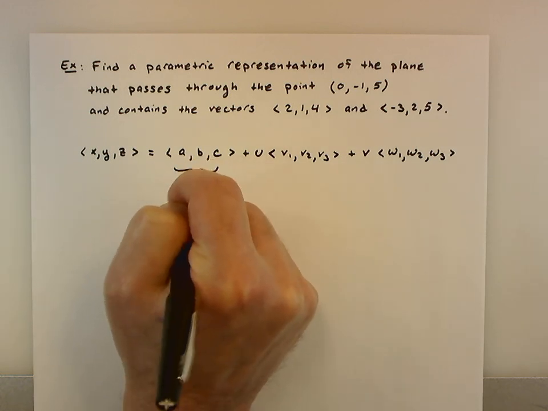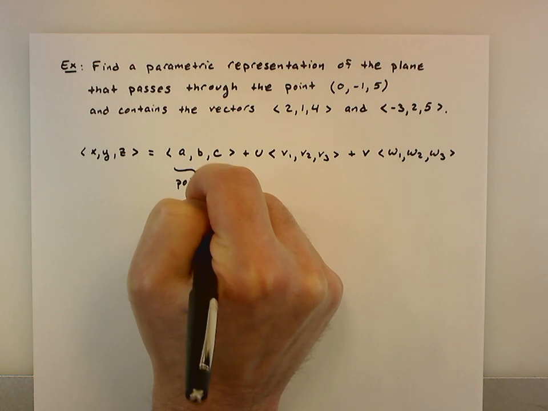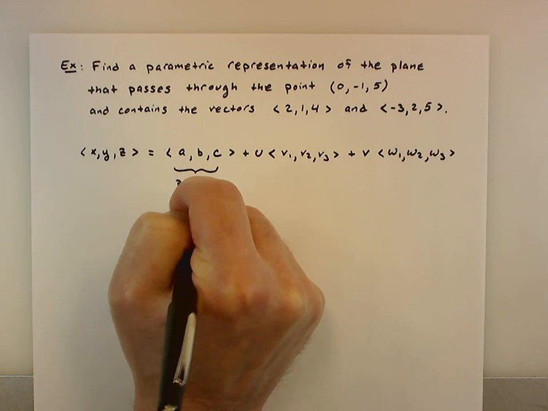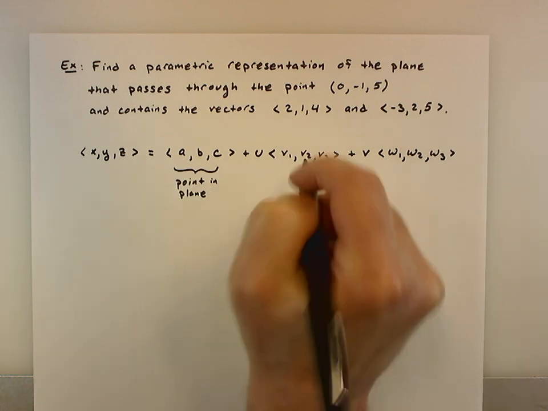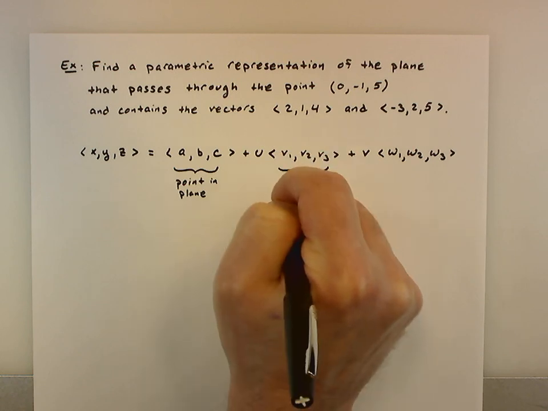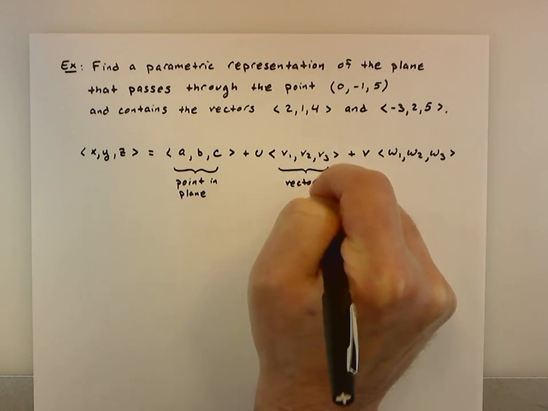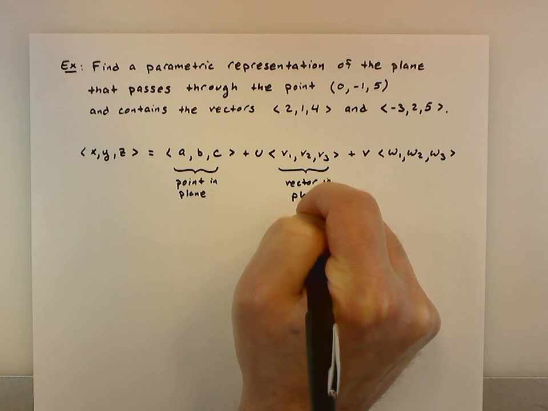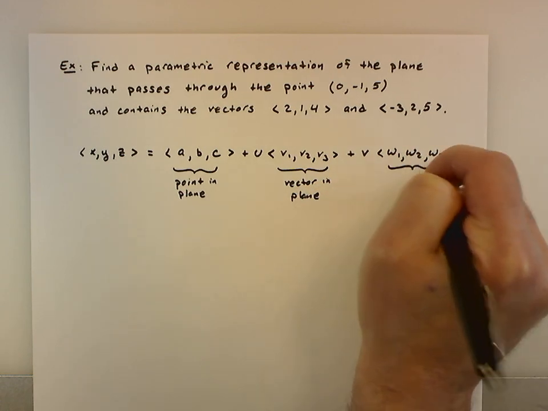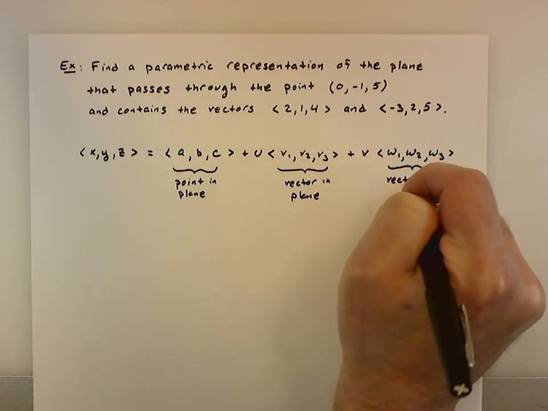So this is a point in the plane. This is a vector in the plane. And this is also a vector in the plane.